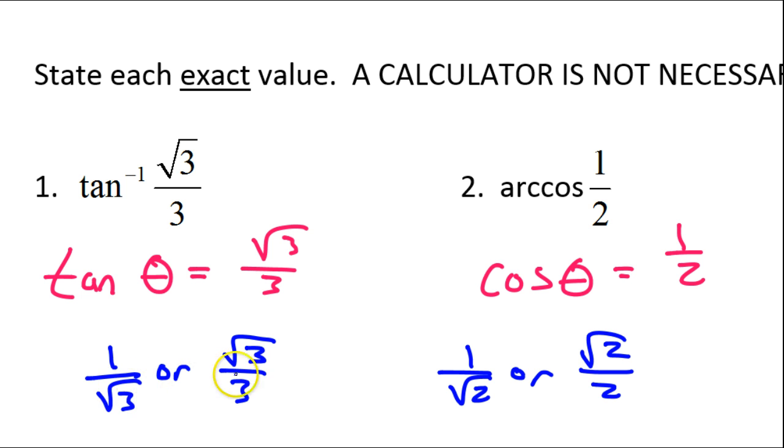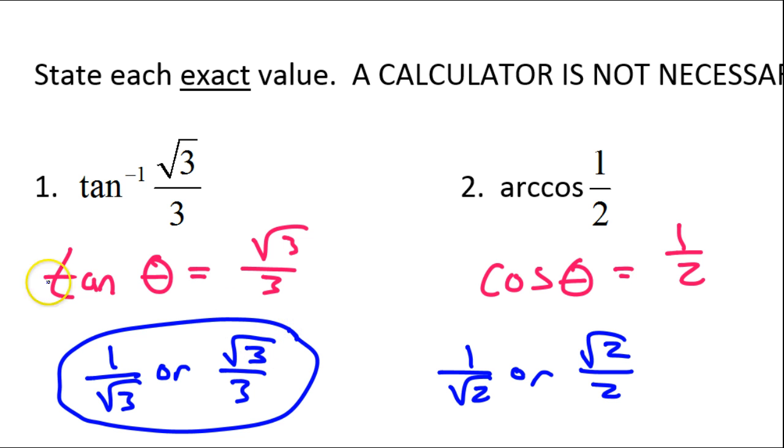So you really have to recognize these as being the same. Okay, so understanding that these two things are the same thing, what angle gives you a tangent of radical 3 over 3? What angle gives you a tangent of 1 over radical 3?